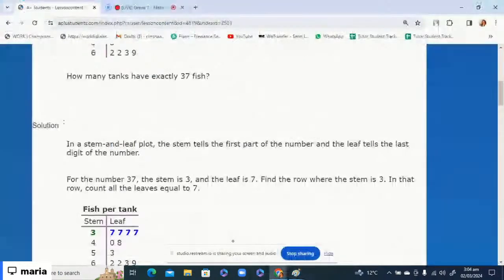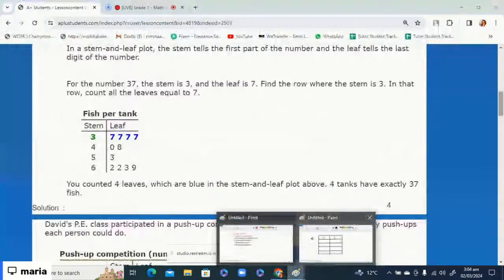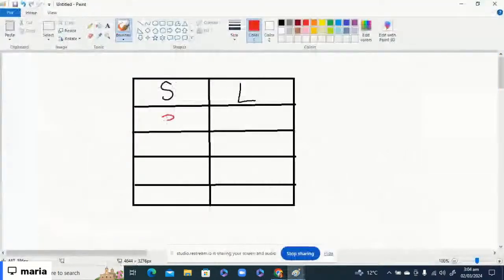So that is stem and leaf. Now for the stem, it's 3, then 4, then 5, then 6. And here are the numbers 7, 7, 7. Here is 3, here is 2, here is 5, and also the 7.